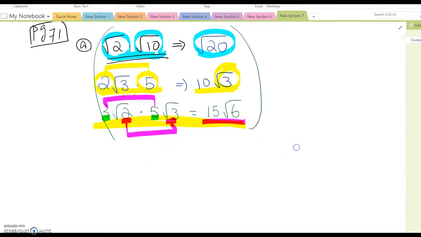So like this, whenever you multiply a radical value with a rational number together, like 2 root 3, 5 root 2, like that, then when you multiply, you always multiply rational numbers only between rational numbers and radical numbers only between radical numbers. Okay?